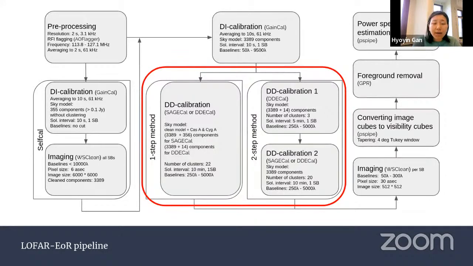The main goal of the direction-dependent calibration in our pipeline is to use a sky model to predict visibilities and subtract them from the data.